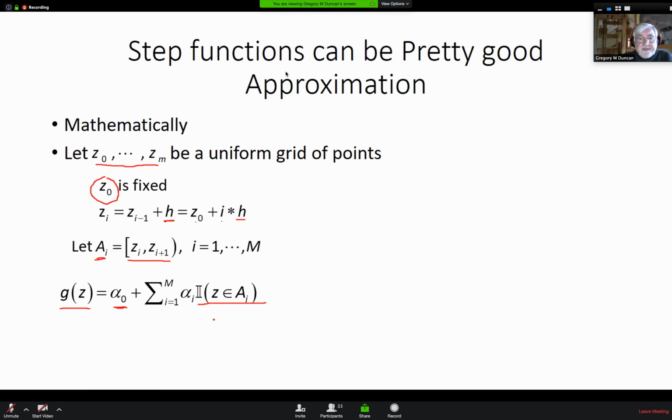And so this is the sum of alpha j's times things that are either zeros or ones, and only one of them can be a 1. Why is that? Because points have to be in one of those intervals. That is a step function. Let's go back and look.